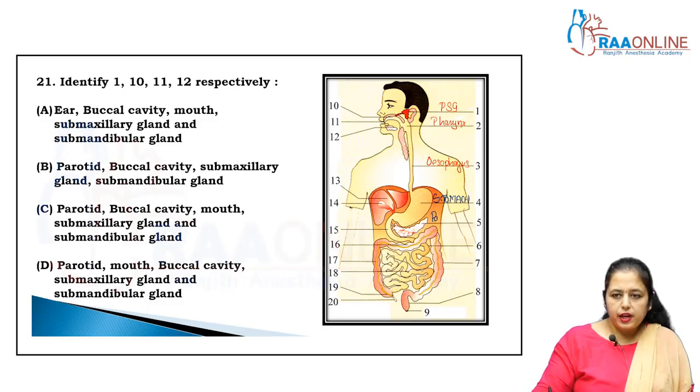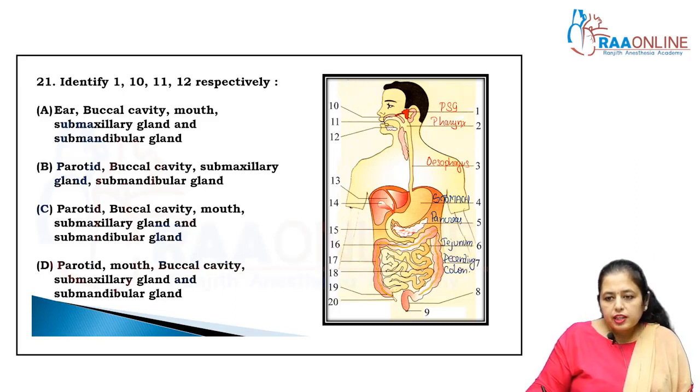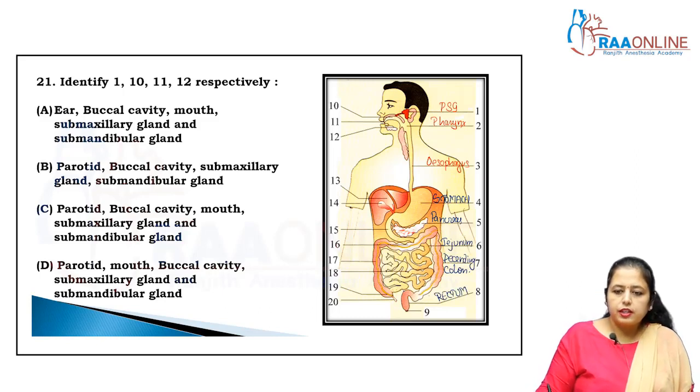The fifth is the pancreas. The sixth one is the jejunum. The seventh is the descending colon. The eighth one is called the rectum.